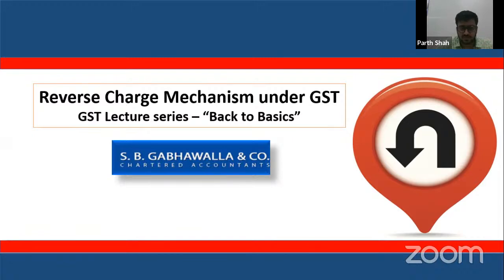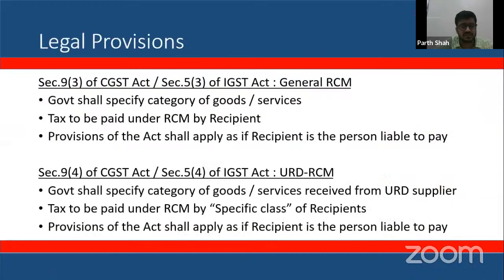With that background, let me take you to the next aspect that we are going to discuss today, and that is the legal provisions. Where is the power for collecting reverse charge enshrined in the law? As far as the general RCM is concerned, section 9(3) of CGST Act and/or 5(3) of IGST Act provide that government will notify some specific categories of goods or services where the tax is required to be paid by the recipient.